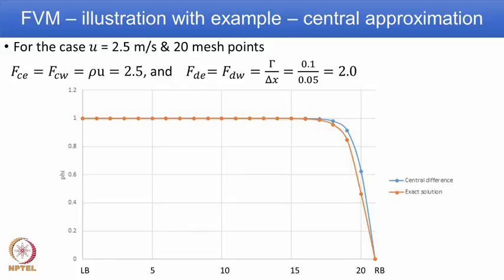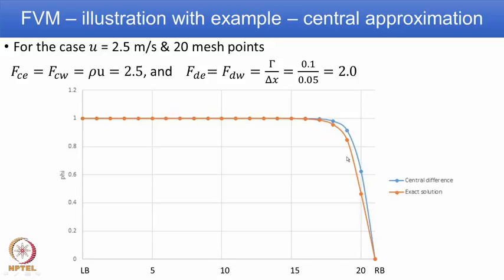Now, you see the performance of the same scheme, central difference scheme, for the same flow condition of 2.5 meters per second. When it was with 5 mesh points, it exhibited wiggles in the solution. The wiggles have gone by increasing the number of mesh points from 5 to 20, and you get a solution very close to the exact solution without any oscillation, ups and downs.